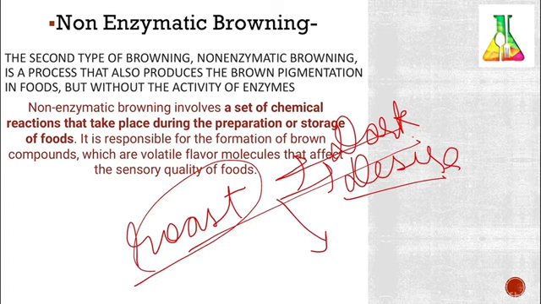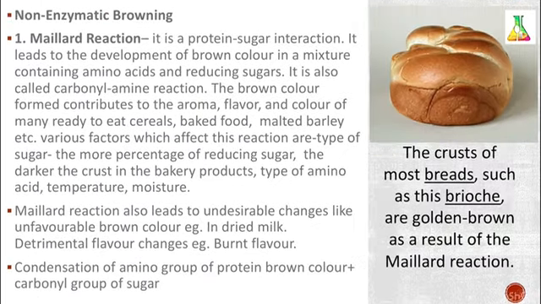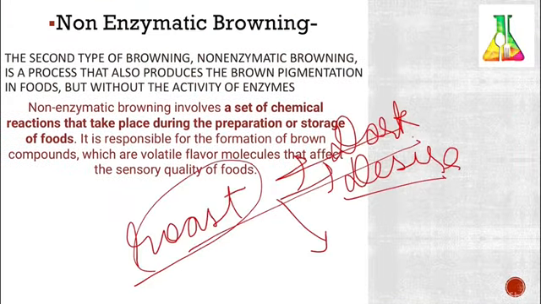Because it does not involve any kind of enzymes, it is distinguished from enzymatic browning by being termed non-enzymatic browning. The presence of reactive reducing sugars is responsible for browning in foods. On heating, the sugar undergoes ring opening, enolization, dehydration, and fragmentation.